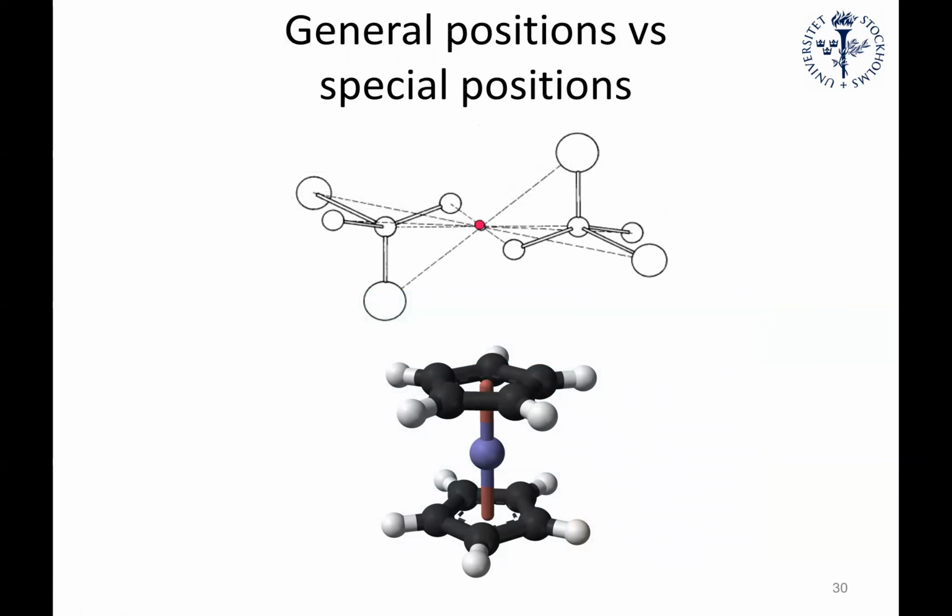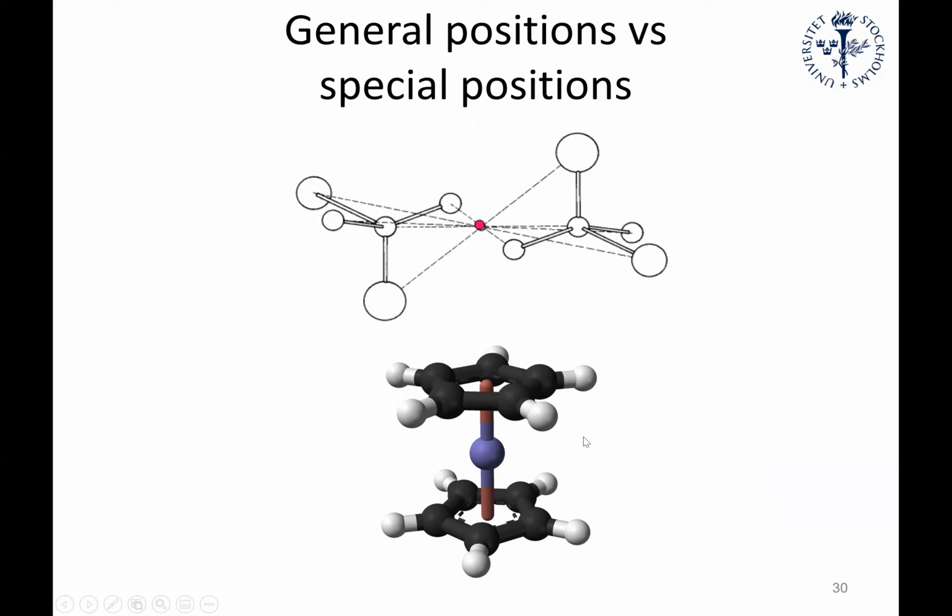Okay, and I think this is the last point I want to make about the point symmetry: we can divide up the structure into positions that are called general positions and positions that are special positions. Going back to this ferrocene complex, all of the carbon and hydrogen atoms are on general positions.